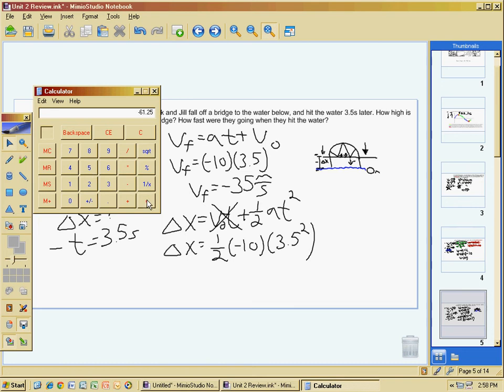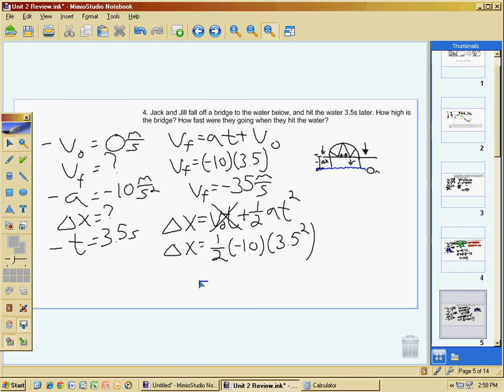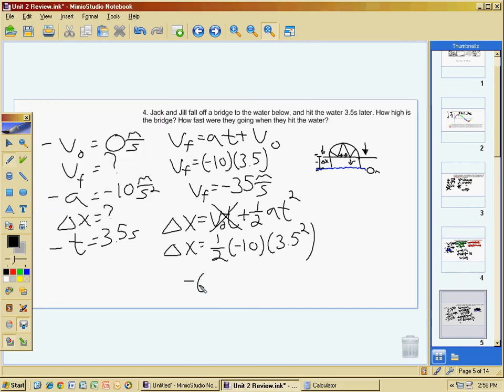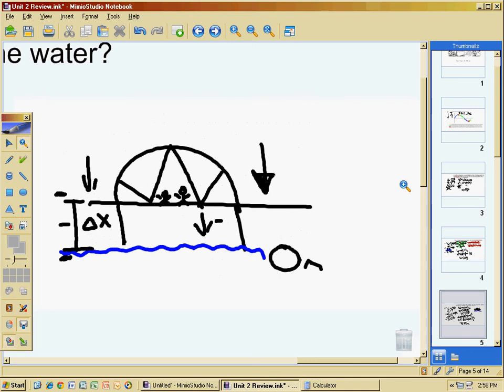And we end up with a displacement of negative 61.25 meters. And again, like we talked about over here, it makes sense that our displacement is negative because we're starting from a higher point over here to a lower point down there.